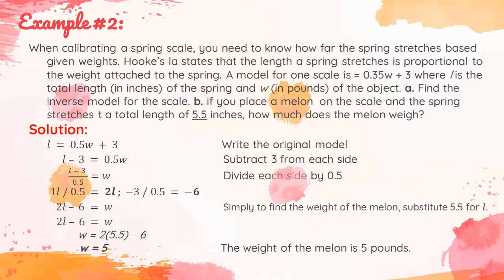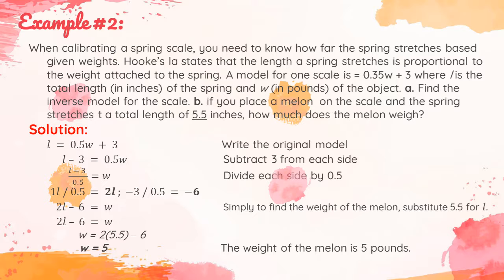So solution. So ang ating L or length is equal to 0.5W plus 3 sa ating given. So, write the original model. Next, length minus 3 is equal to 0.5W. So, dito class, yung ating positive 3, transpose po natin sa kabila dun sa may length, kaya po naging negative 3 po yan.